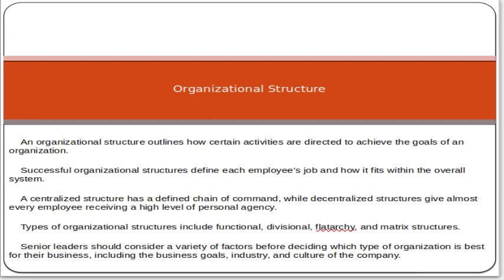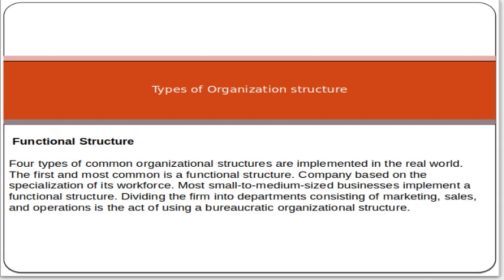Now we shall discuss what the functional structure is. If you see the term functional structure, it means the organization is based on functions. Four types of common organizational structures are implemented in the real world. The first and most common is the functional structure, which groups the company based on the specializations of its workforce.